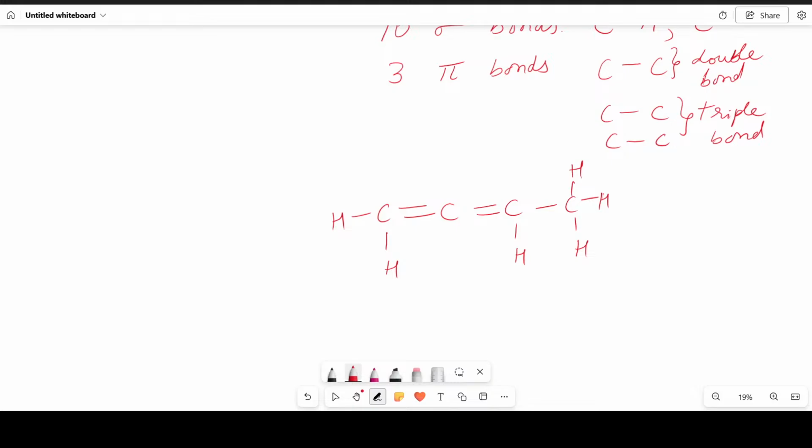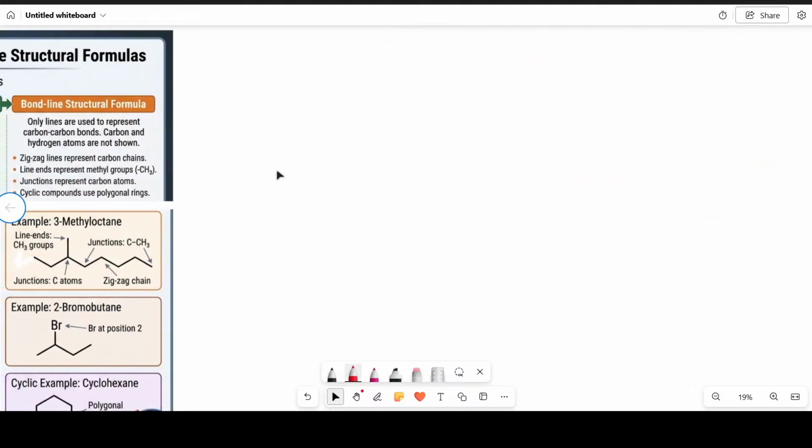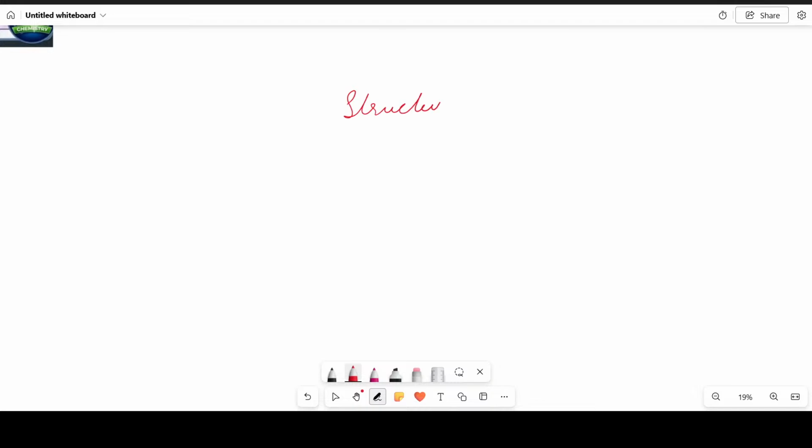Next, we shall understand the structural representation of organic compounds.